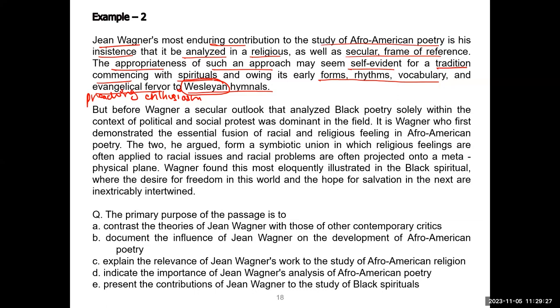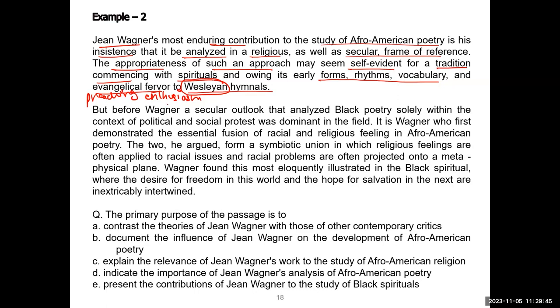Yes, sir. Clear. Now, he says, second paragraph, but before Wagner, a secular outlook that analyzed Black poetry solely within the context of political and social protest was dominant in the field.